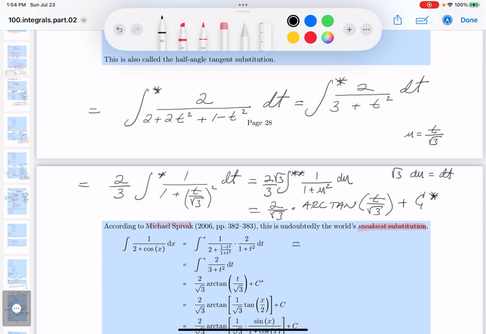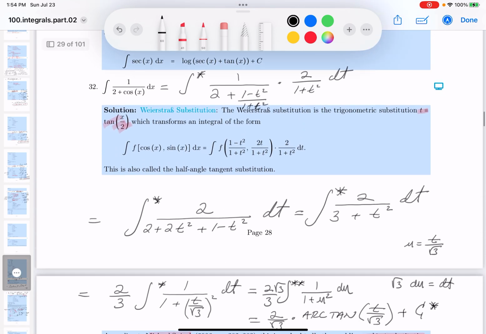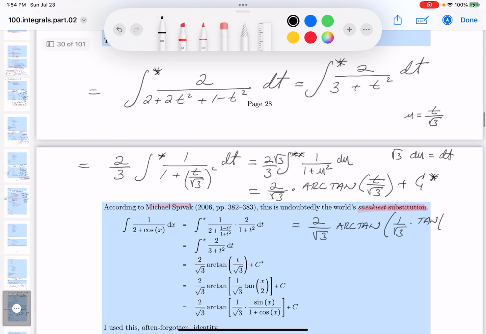So this is going to be 2 over root 3 arc tangent, 1 over root 3, and t is going to be the tangent of x over 2, plus c.